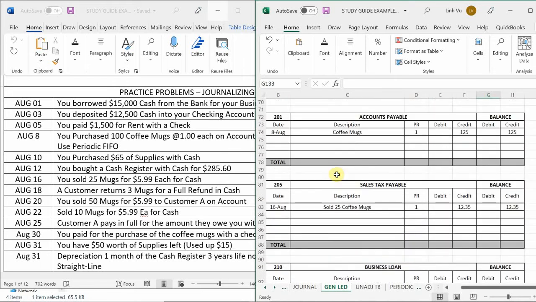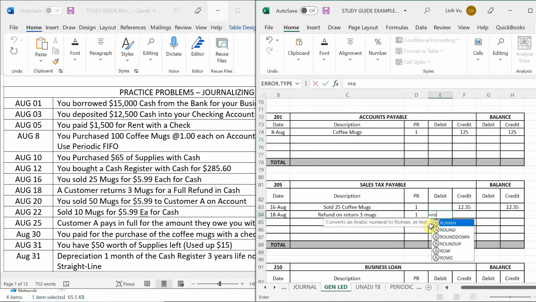And then we have to return the tax for $1.48.